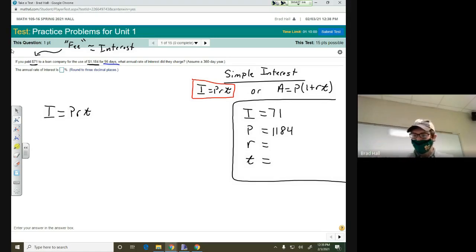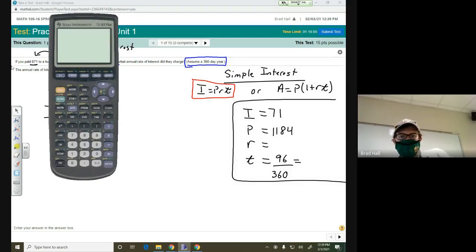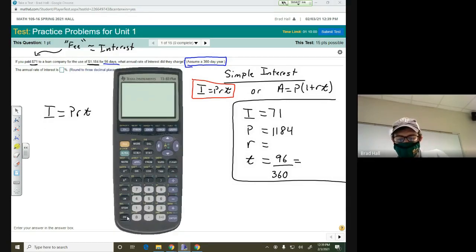So you would put 96 for time. Don't forget, you have to convert that to years. So it's 96 days, but how many days are in a year? They have us assume 360 days in a year. That's how much we divide by. We can go ahead and figure out that decimal value.